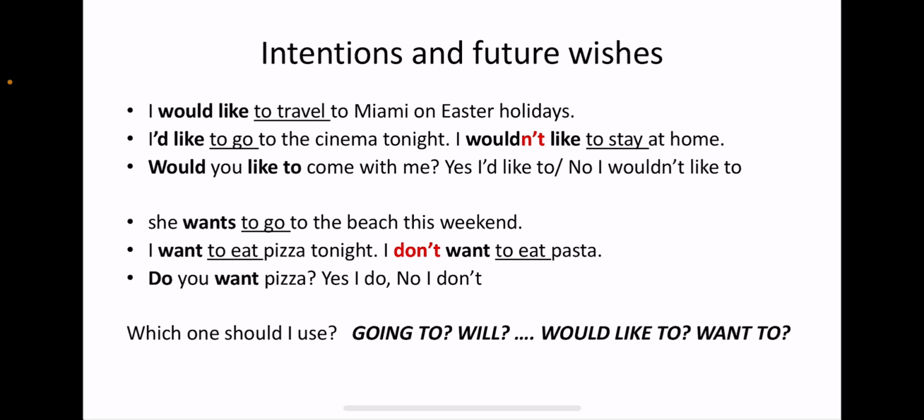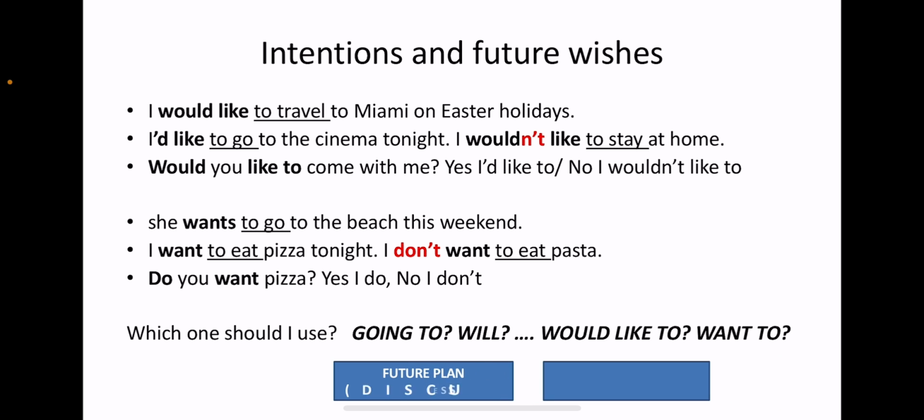Present continuous, right? Are you talking about a plan? Well, going to. Is it an intention? It's just a wish? If it is just an intention and it's just a wish, you can use want to or would like to. But remember, we can express the future in many different ways in English.